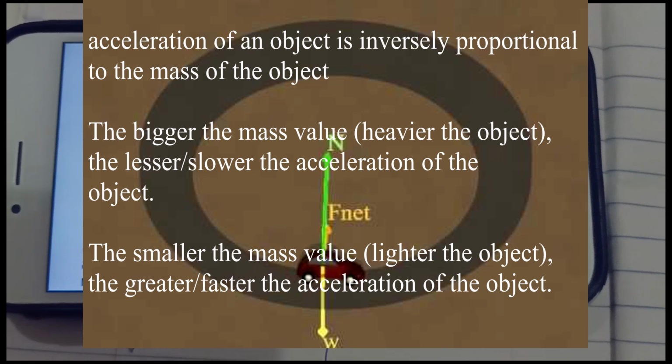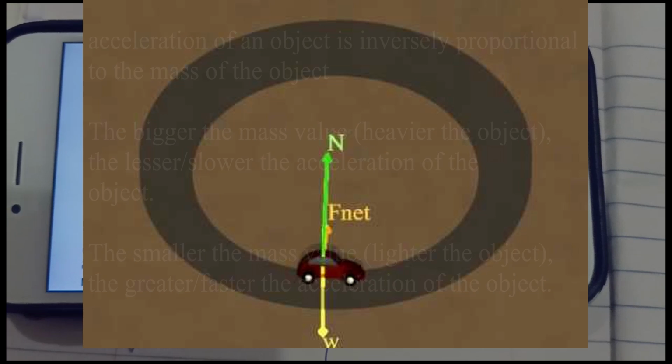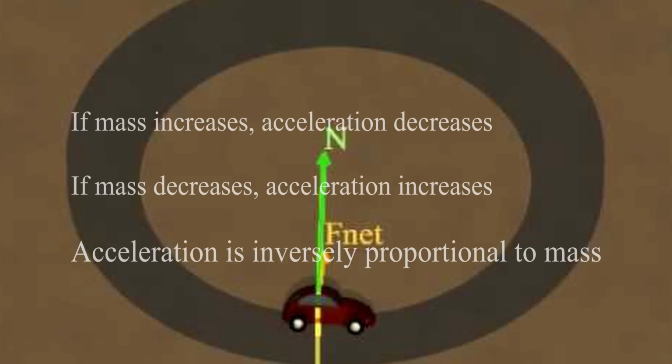As mass increases, the acceleration decreases. In fact, if the mass were increased by a factor of 2, the equation would predict that the acceleration would decrease by a factor of 2. Similarly, if the mass were decreased by a factor of 2, the acceleration would increase by a factor of 2.